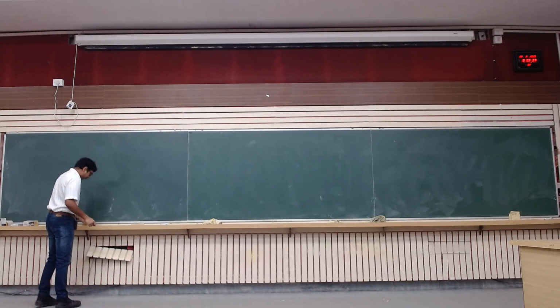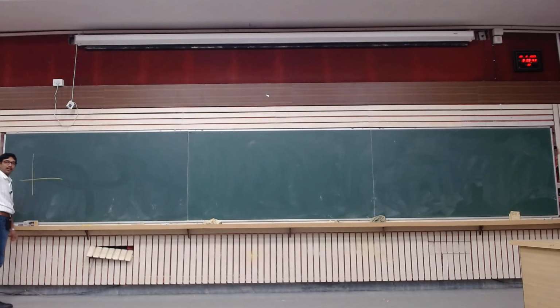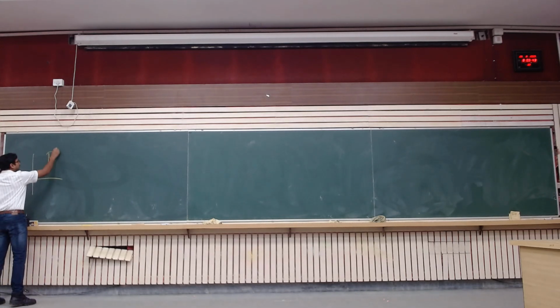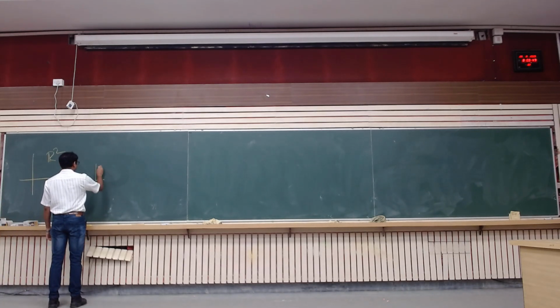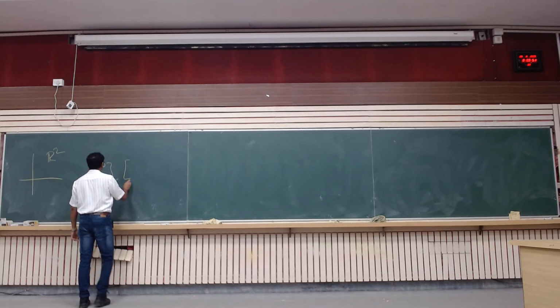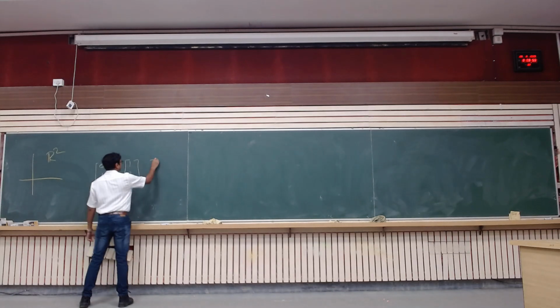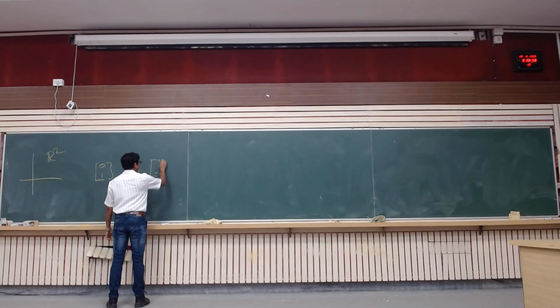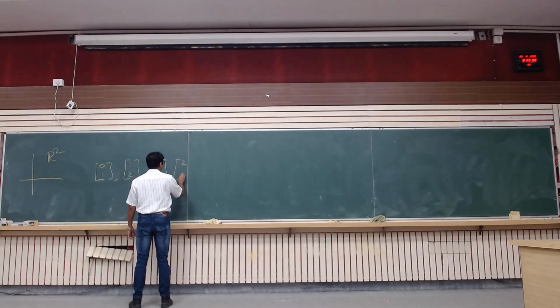So suppose, take the easiest kind of vector space, say we are considering R2, and take these vectors maybe (0, 1), then (1, 2), (3, -1), and some other one, say (2, 3).